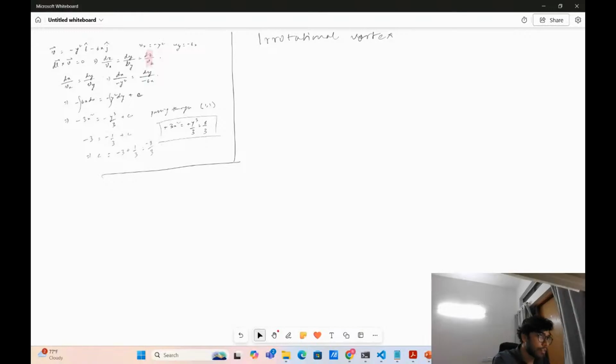So what does it mean? It means that your flow function, your velocity u theta, is basically some constant c by r, right?